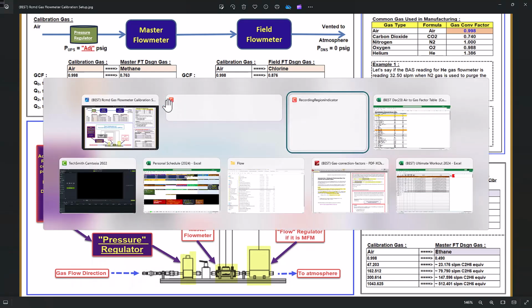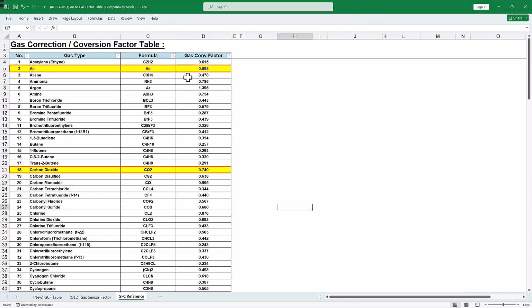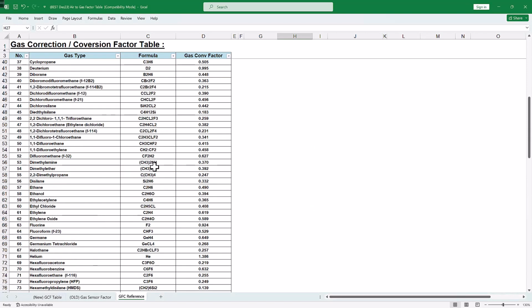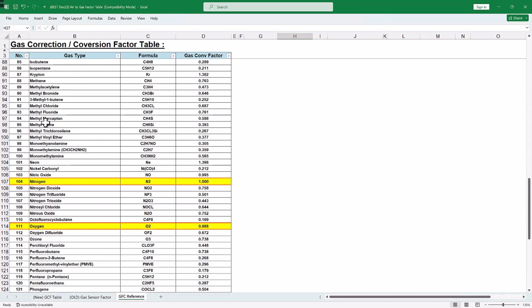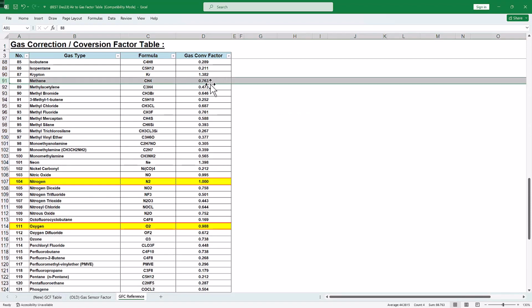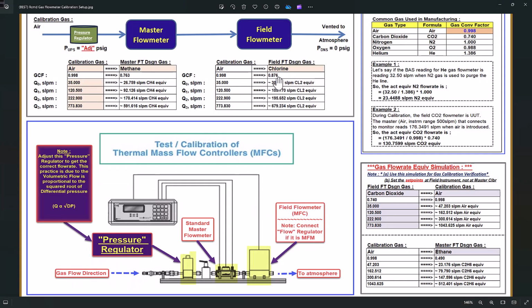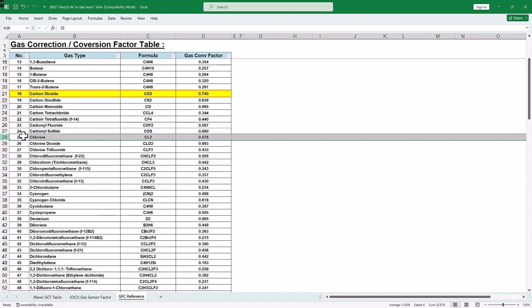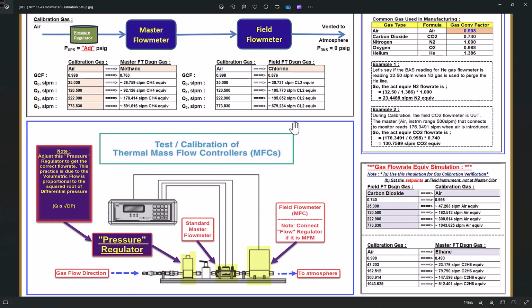As for methane, the GCF value is 0.763. For chlorine, it is 0.876.